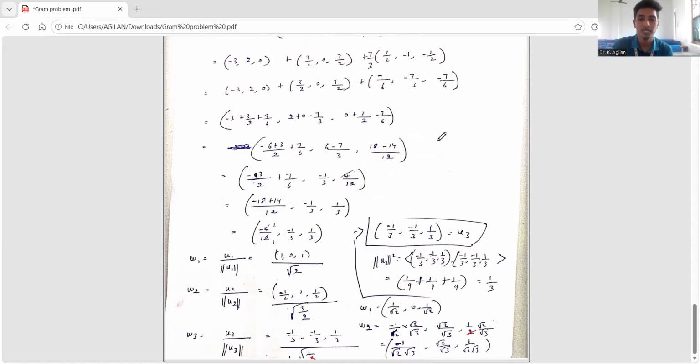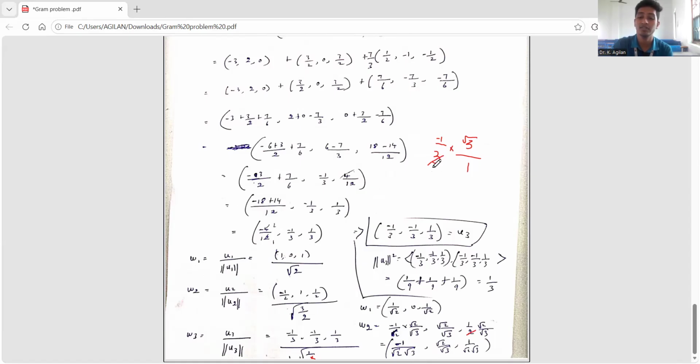So what is W3? Minus 1 by 3 into square root of root 3 divided by square root of 1. Square root of 1 is nothing but 1. So here the 1 root 3 is cancelled.